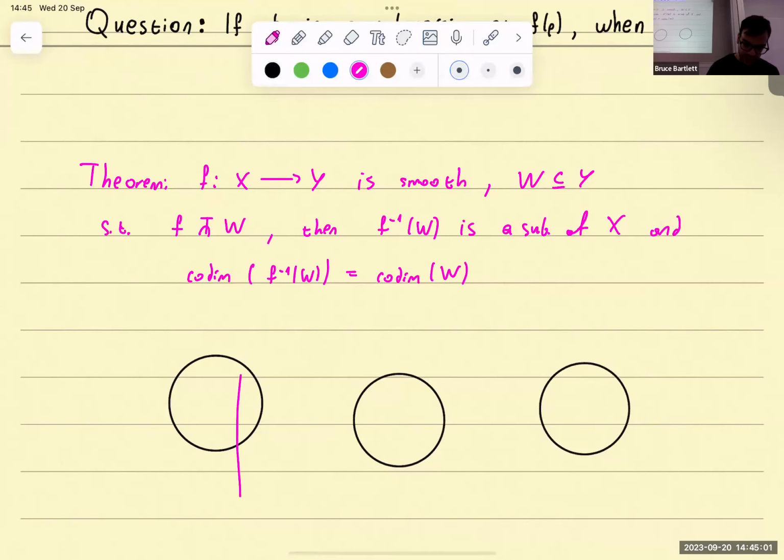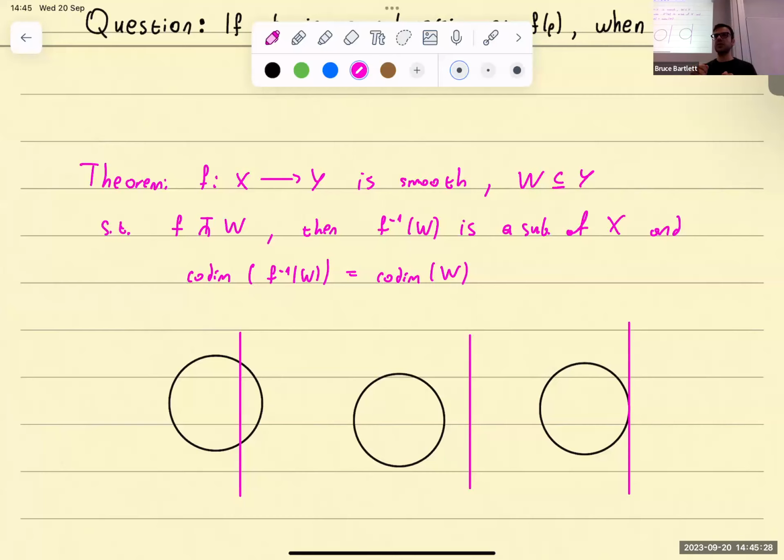So this here is an example of a transverse intersection of a line with a circle. This here is also an example of a transverse intersection of a line with a circle. And this here, which is supposed to be a tangent, is not an example. Roughly, an intersection is transversal if, when I perturb it a little bit, I'm not going to change the number of points of intersection.